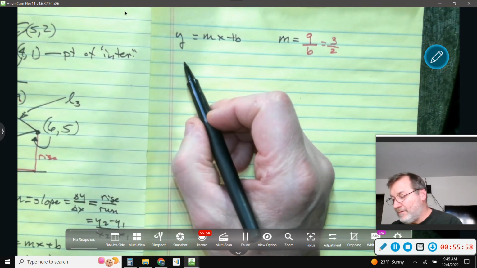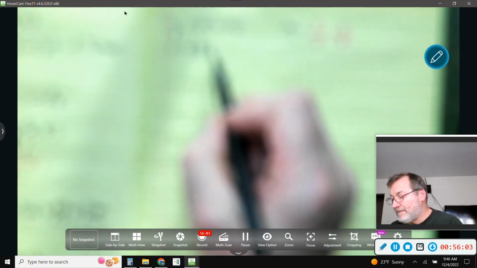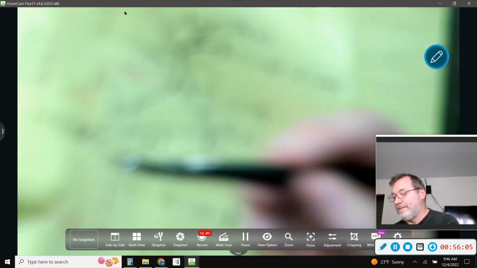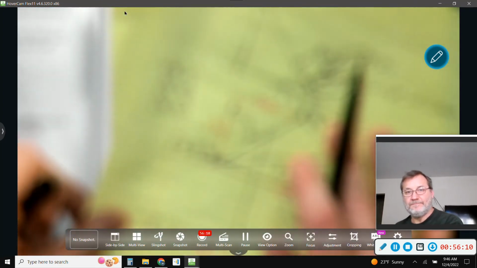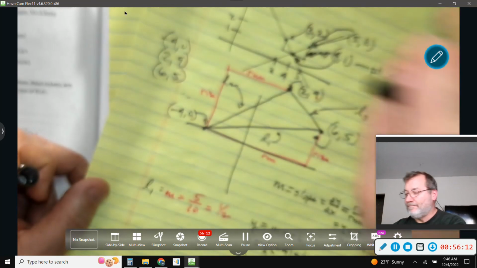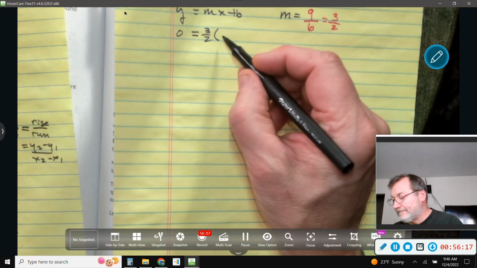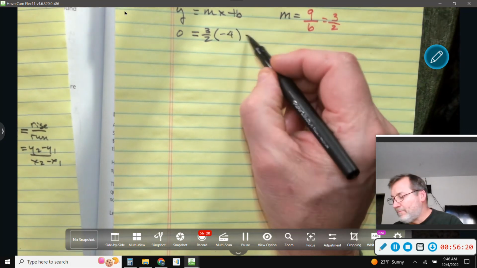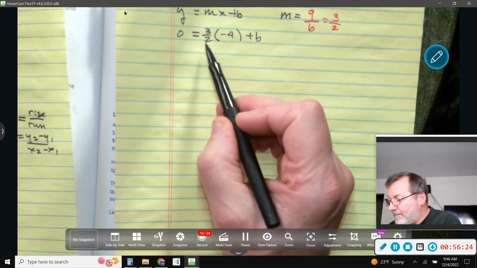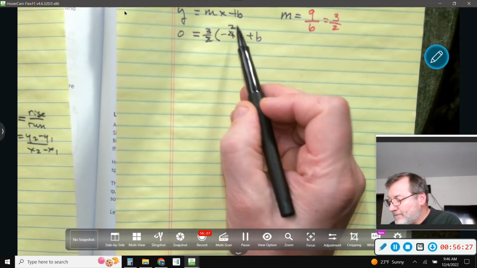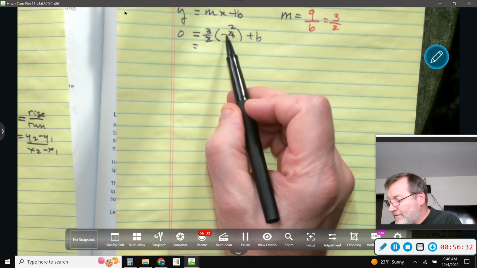The y value is 0 equals 3/2 times the x value, which is -4, plus b. Well, let's see, I got a 2 and a 4. That means I can cancel, and I get a 2. And so what do I got? Well, I got a 3 times a 2, and there's a negative sign in there.